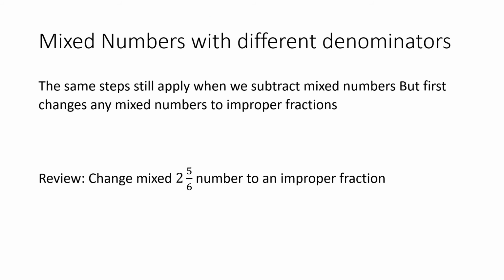Mixed numbers with different denominators. So like adding fractions with the same denominator, the first step should always be you need to change your mixed numbers to improper fractions. Okay? First, change any mixed number to improper.